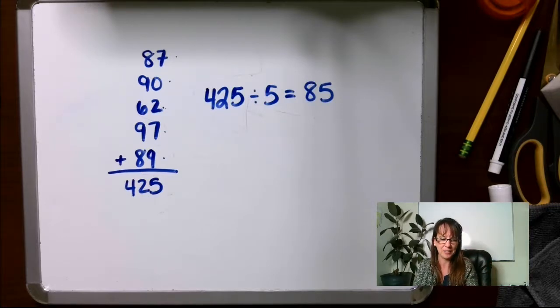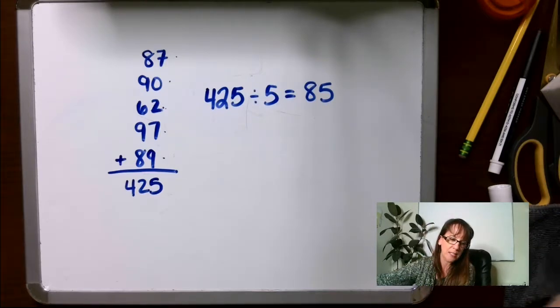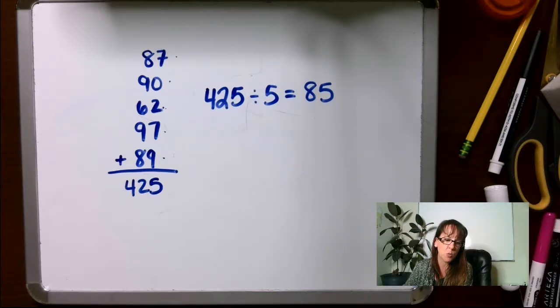Example number 1 on page 84 says, in 4 classrooms, there were 28 students, 27 students, 26 students, and 31 students, respectively. The word respectively in this context means in that order, okay? So classroom number 1 had 28, classroom number 2 had 27, classroom number 3 had 26, and classroom number 4 had 31.